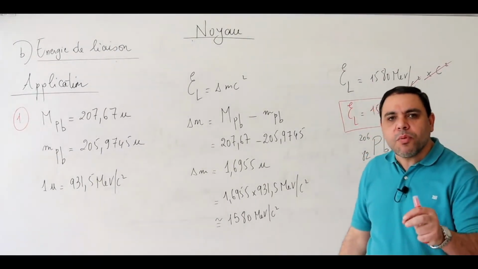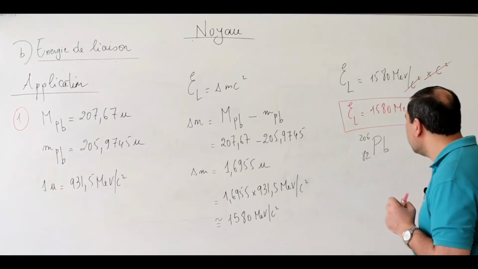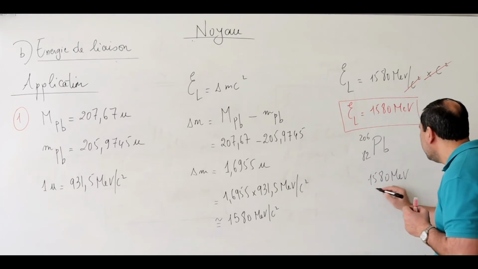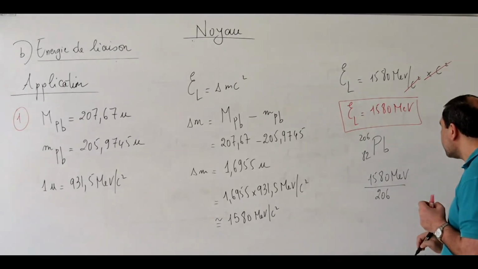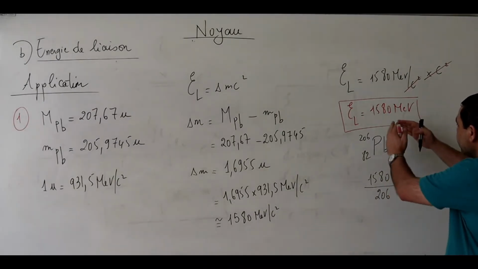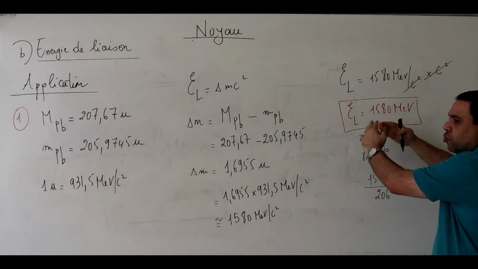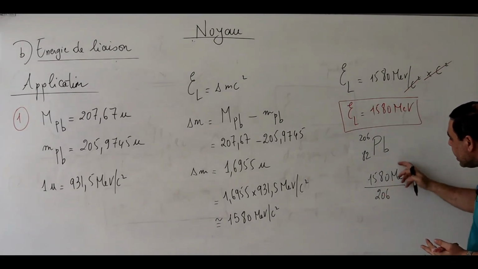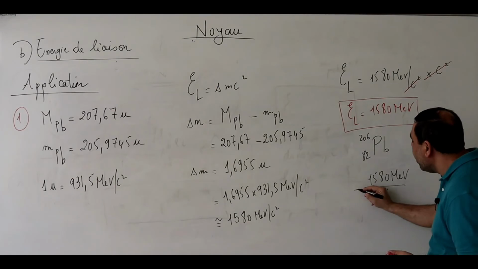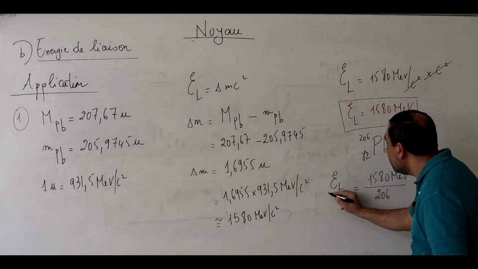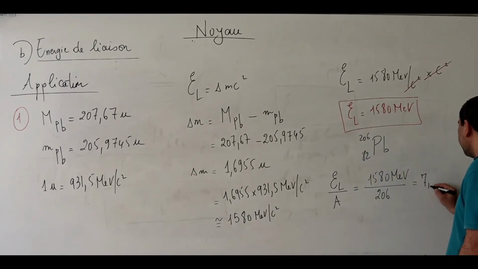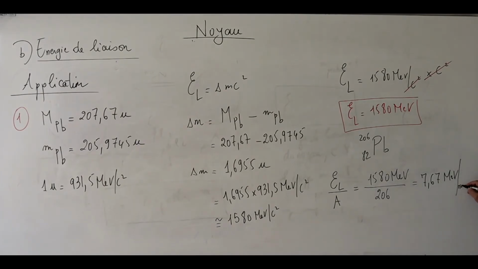So how much energy is required to separate one nucleon from this nucleus? We need 1580 mega electron volts divided by 206. 1580 are distributed over all the nucleons. Each nucleon needs this energy. This is called the binding energy per nucleon. In this case, it's equal to 7.67 mega electron volts per nucleon.